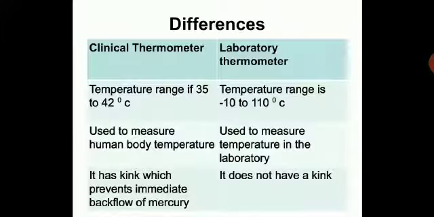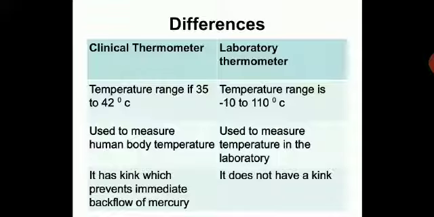Let us see the differences between clinical thermometer and laboratory thermometer. In clinical thermometer, the temperature range is 35 to 42 degrees Celsius. Here the temperature range is minus 10 to 110 degrees Celsius. Then second point, clinical thermometer is used to measure human body temperature.